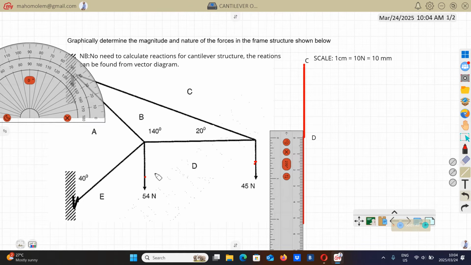As you can see, this 54 is between D and E. So we're going to name this line DE. Start from here going in that way. As I said, we must move clockwise. So this line, we're going to call it DE.